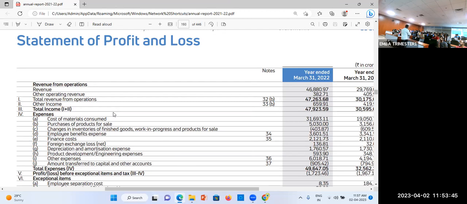Preparation of financial statements is common for all business organizations, but the format in which you display it is guided by the regulating agencies of that particular form of business organization. Company form of organization in India is governed by the Indian Companies Act 2013.